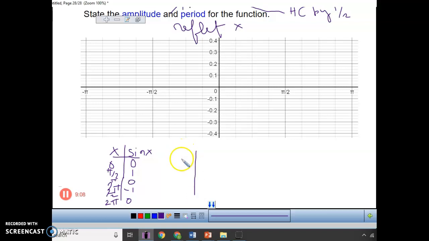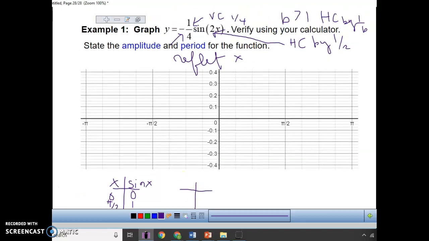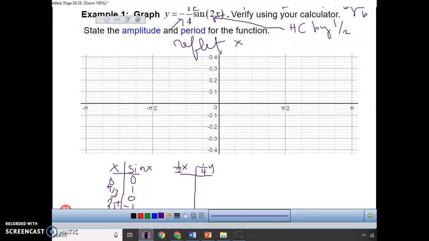Just like in Algebra 2, we will take these transformations and apply them. To vertically compress by 1/4, we'll take y and multiply it by 1/4. To reflect over x, we'll take y and make it negative. And to horizontally compress, make it smaller, we are going to take half of my x's for my original points.